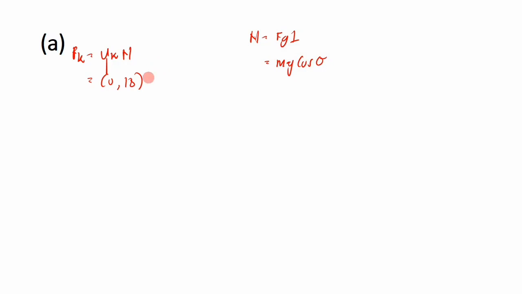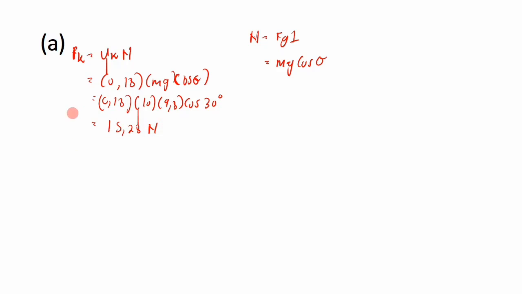So we can just go ahead here and substitute that. This is mg cos theta, right? Then we have 0.18. Then what is our mass? 10, and then 9.8 cos 30 degrees, right? That's the angle of the incline, 5.28 newtons, right?